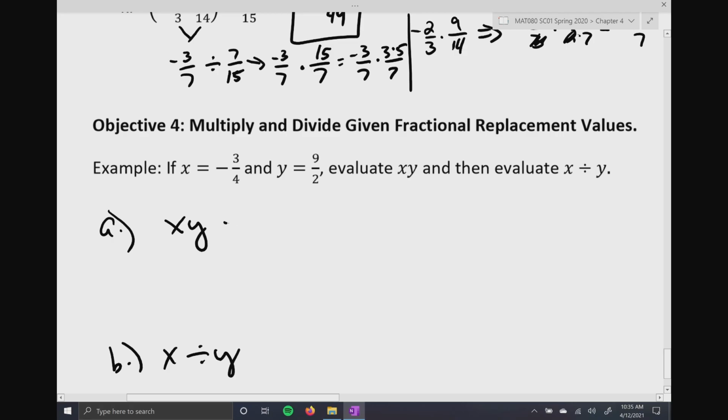So it's a lot easier than you think. All right, x times y is just negative 3/4 times 9 over 2. Remember, you try to reduce if you can.